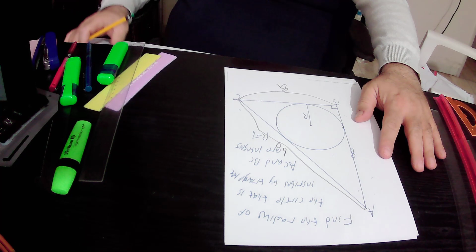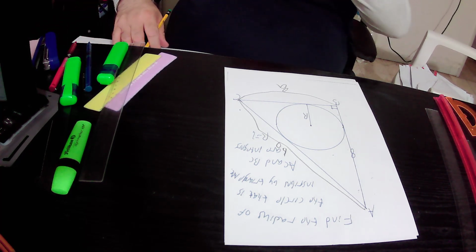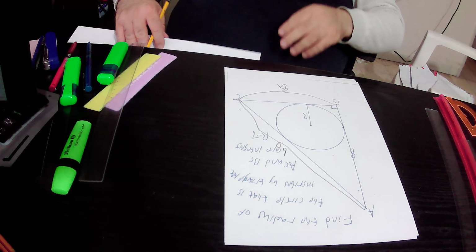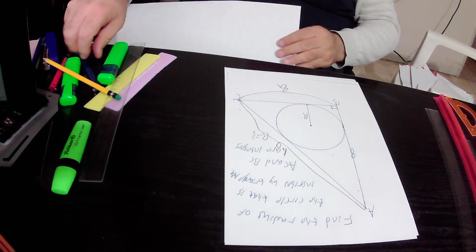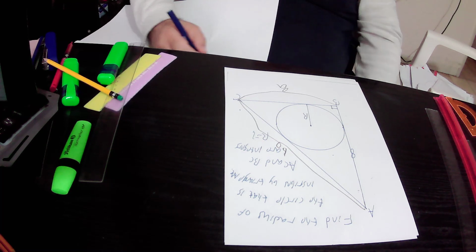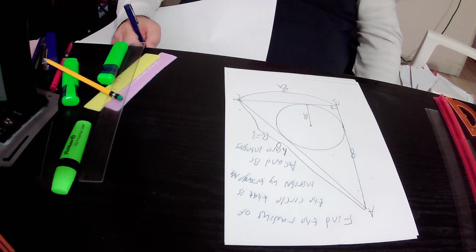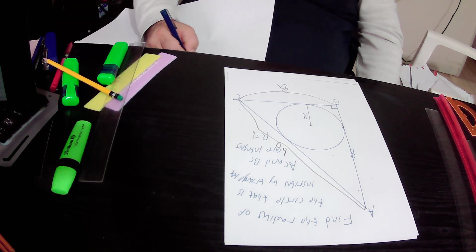And we have the Pythagoras theorem. So we will apply the Pythagoras theorem on the right triangle ABC. According to the Pythagoras theorem, the square of the hypotenuse equals the sum of the squares of the perpendiculars.